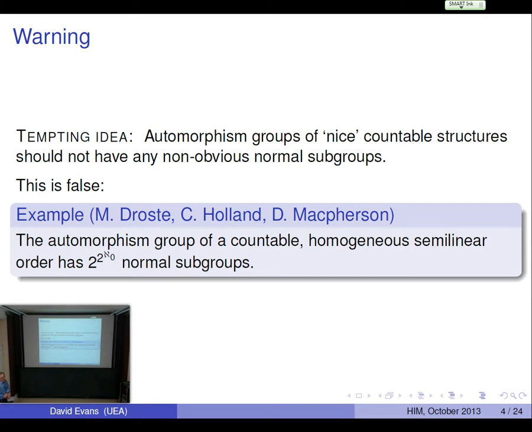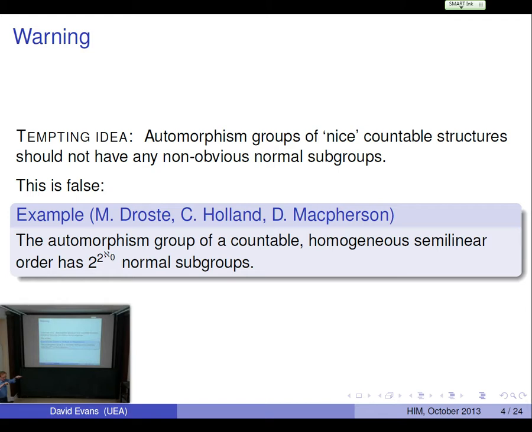So that's some sort of partially ordered set. Below every point, you have just a chain, and any two elements have a lower bound. And the ones in question here are two-homogeneous, so any pair of elements, one less than another, can be taken to any other pair of elements, one less than the other.